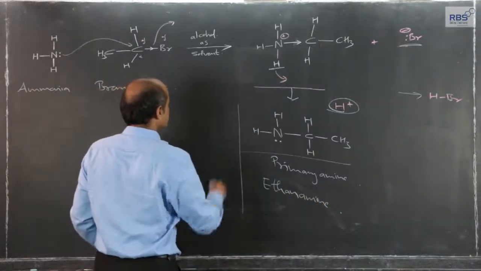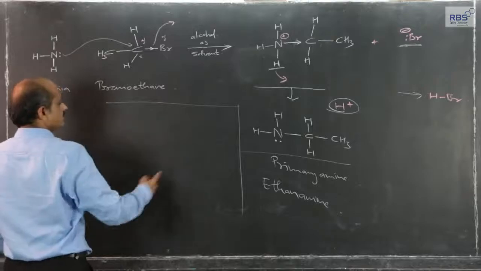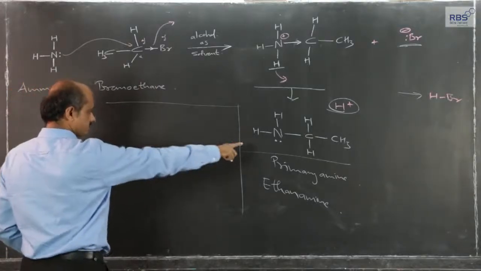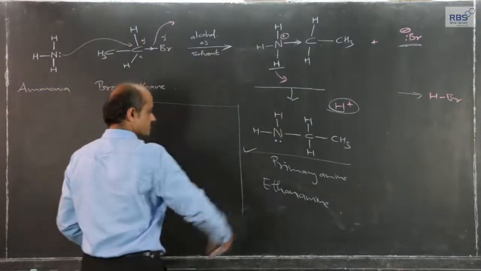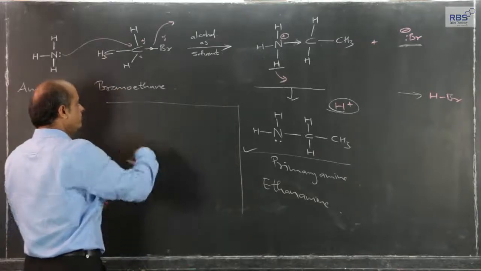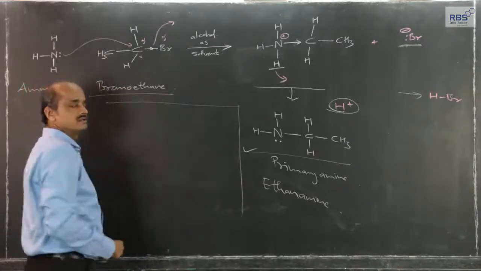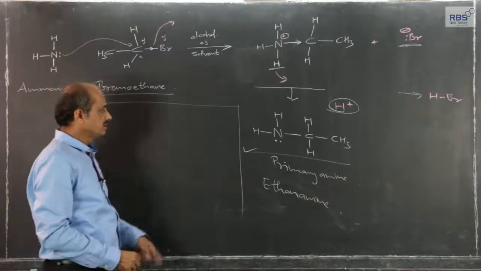Suppose that after this reaction and production of this ethylamine, a few more bromoethane molecules are present.